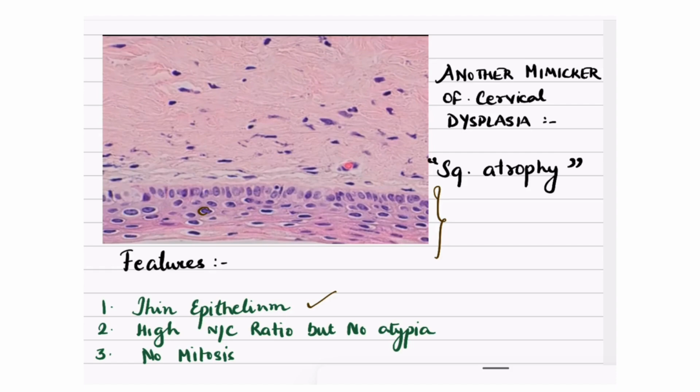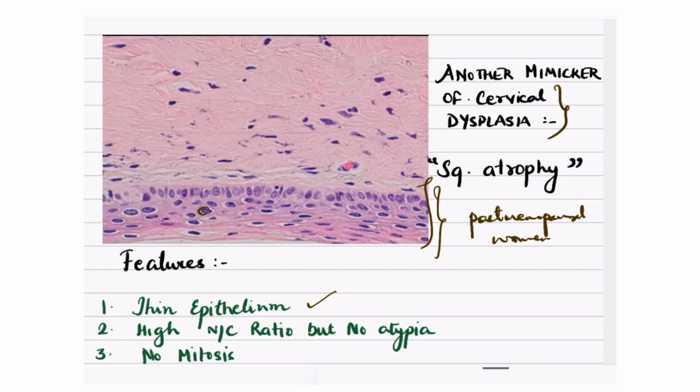They are not screaming out as if they want to get some attention. In dysplastic cells, you will see the nucleus screaming out of the cell, look at me, look at me. These are just normally lying nicely, benignly, very friendly cells you can see here. But yes, definitely there is squamous atrophy. Mostly in postmenopausal women you can find this and can mistake this for cervical dysplasia.